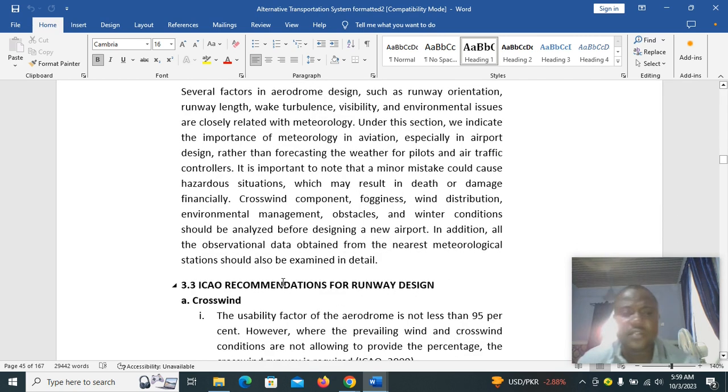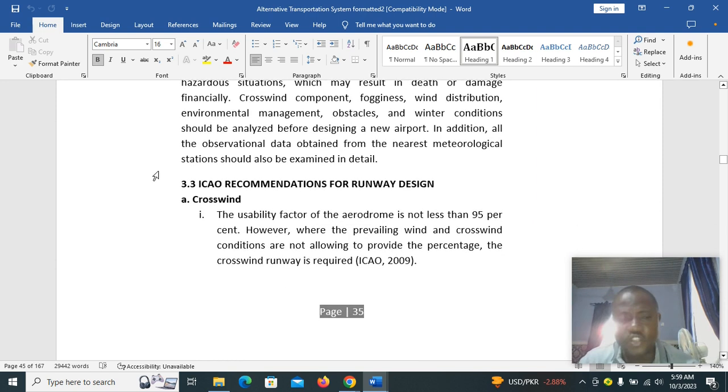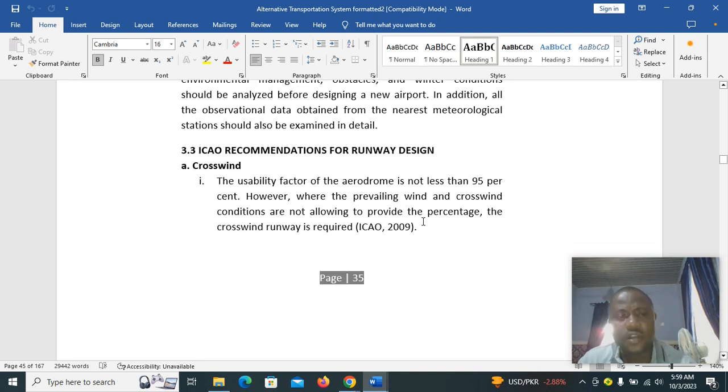The next thing we look at is the International Civil Aviation Organization (ICAO) recommendations for runway design. The first thing we look at is crosswind. Under crosswind, which we mentioned earlier, the usability factor for the aerodrome should not be less than 95%. However, where the prevailing wind and crosswind conditions do not allow provision of such a percentage, a crosswind runway is required.